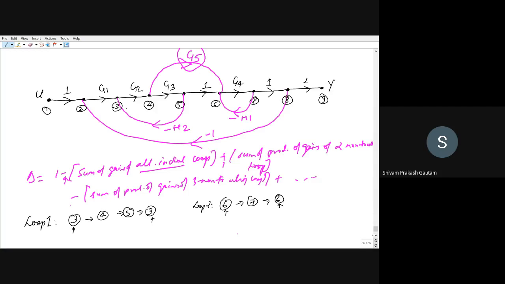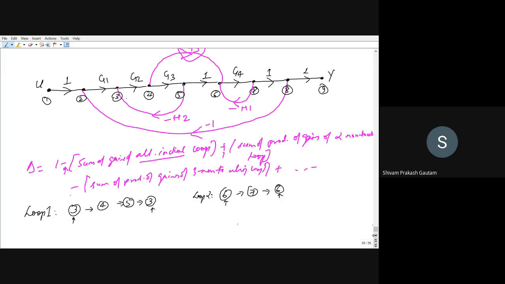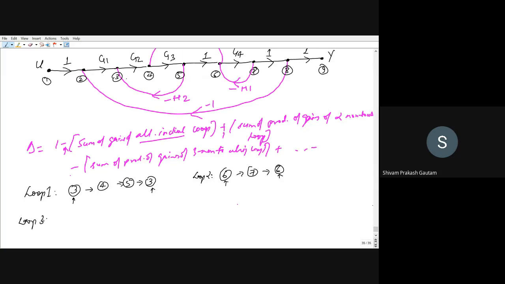Now we will see loop 3. Suppose you are at node 2, you are going to node 3, then node 4, then node 5, then node 6, then node 7, then node 8, then node 2 again. So you can see we have started from 2, terminating at 2 without the repetition of any node in between.